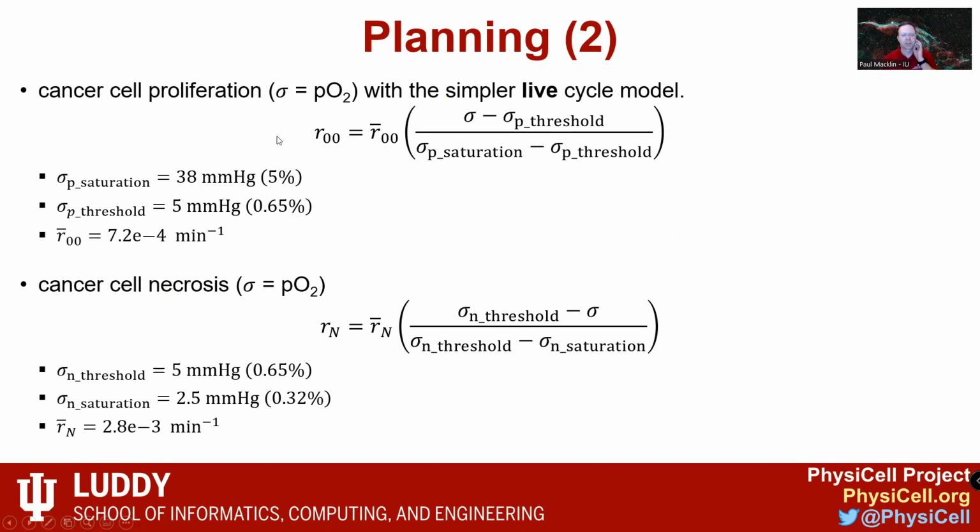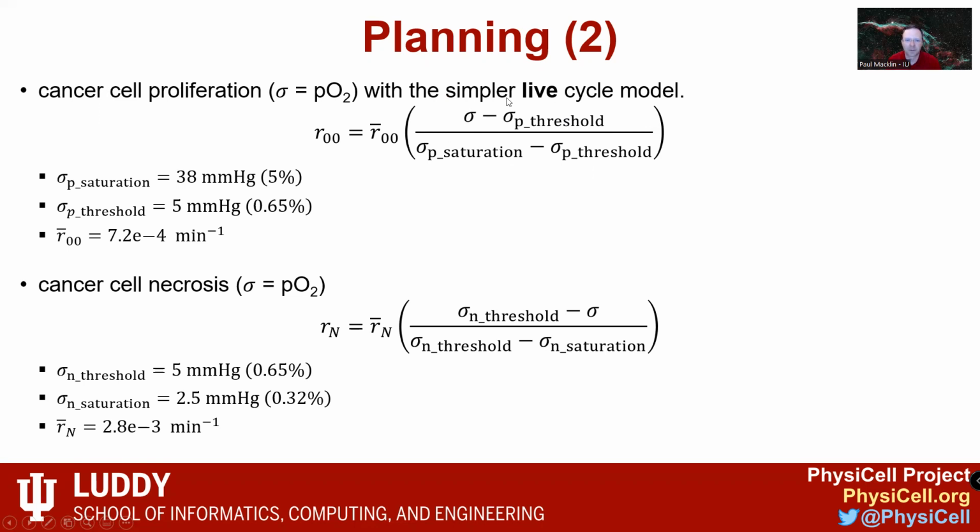For the mathematics, I'm going to pick a really simple linear response curve using the simpler live cell cycle model. My transition rate from phase 0 to phase 0, which is basically when I proliferate, is going to be scaling a maximum rate linearly by the difference in the thresholds. So the oxygen, as long as it's above a threshold value, will increase the proliferation.